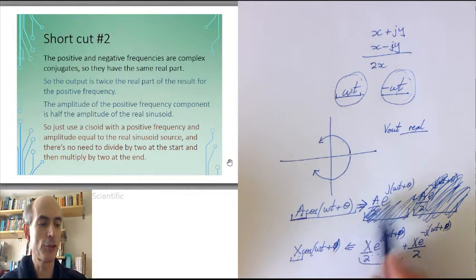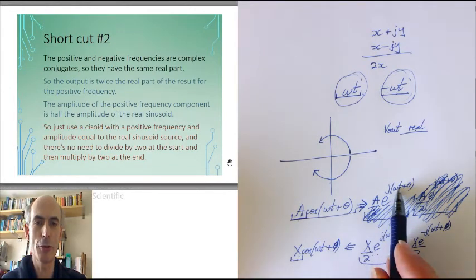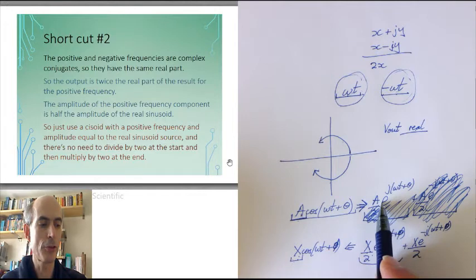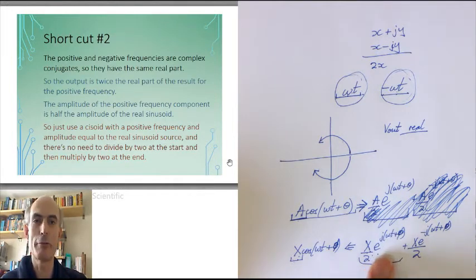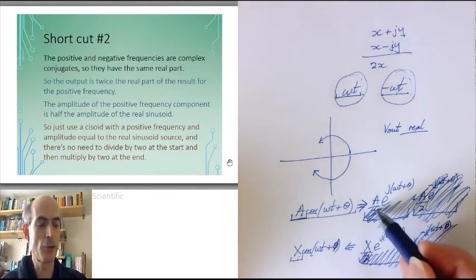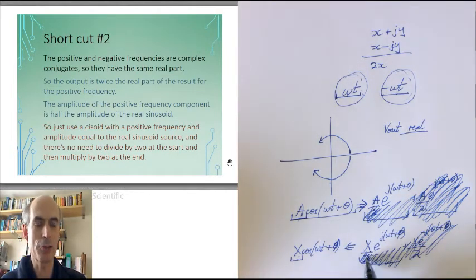Do all your analysis based on this positive frequency contribution, and then noting that if you take a positive frequency cissoid and add it to its complex conjugate, the result has twice the amplitude but the same phase, we can just end up with something like this now. We didn't divide by 2 at the beginning, so we'll just end up with x here. Converting that back into a real waveform just means doing this, which is actually taking the real part of this final cissoid.